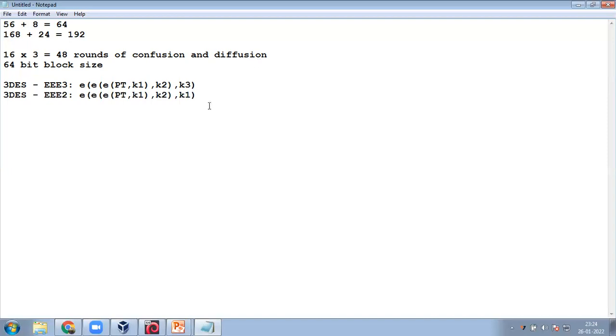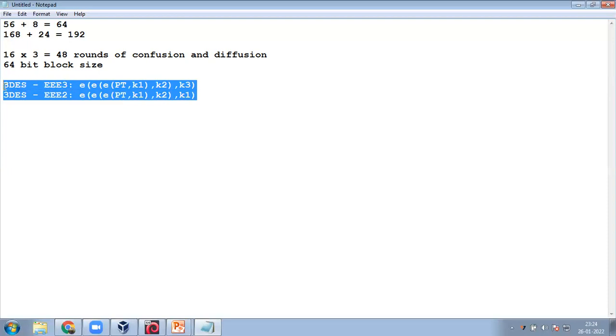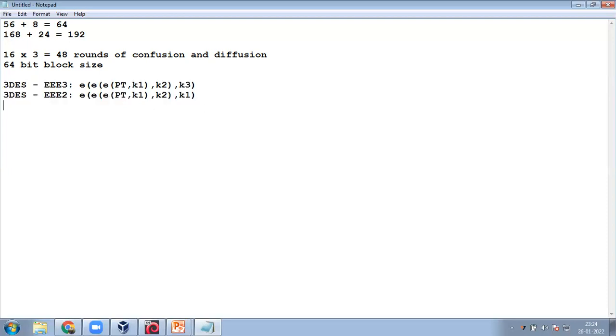The same thing holds good for the other setup also, wherein we have triple DES E, D, E. It really makes sense to understand EDE mode because it's an encryption with K1, decryption with K2, and then encryption back with K3. So the encryption with K1, decryption with K2, and the third iteration is encryption with K1.